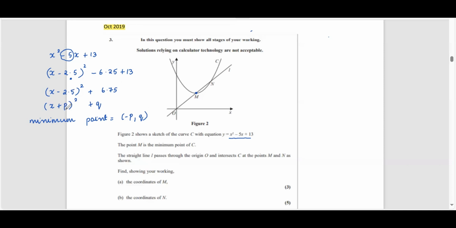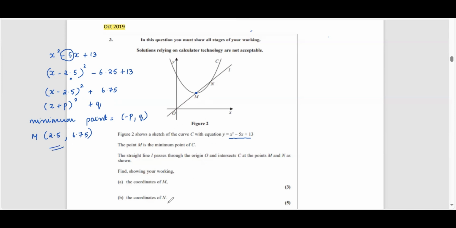Comparing this, p is minus 2.5, so minus p will be positive 2.5, and q is 6.75. This will be your minimum point, represented by the letter M. So M is (2.5, 6.75).